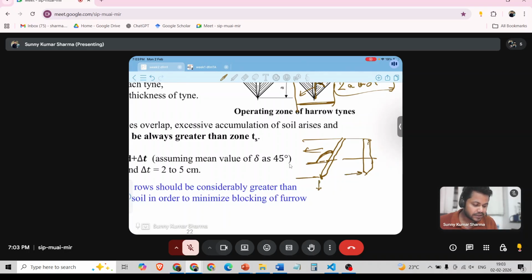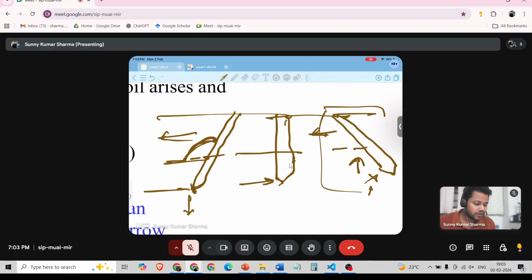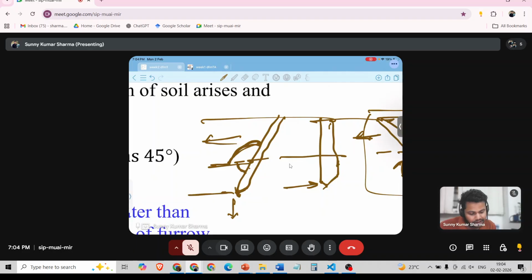If we mount it like this and move in this direction, then the soil reaction will be in the upward direction. Here draft will be minimum, but it will try to throw the tine outward, in the upward direction. So if we want better penetration, this angle is called the setting angle. This setting angle should be between 70 to 110 degrees.